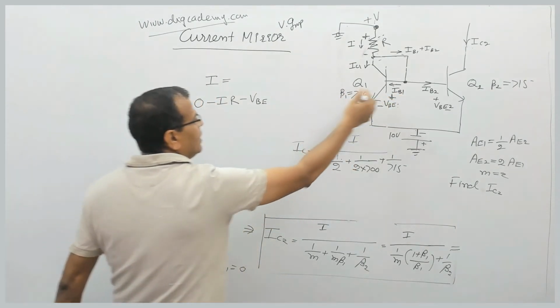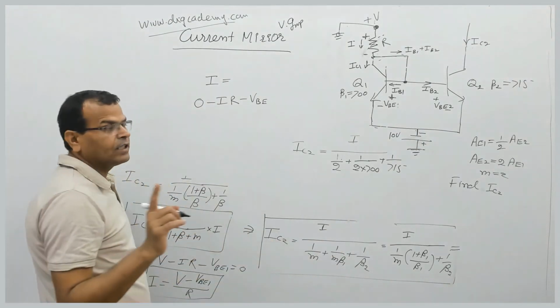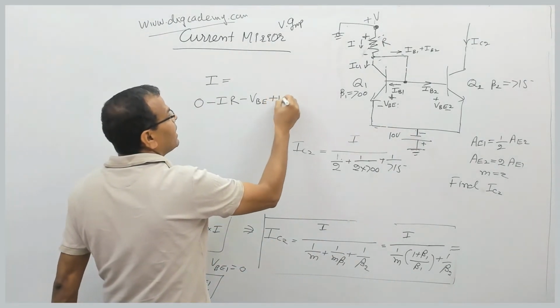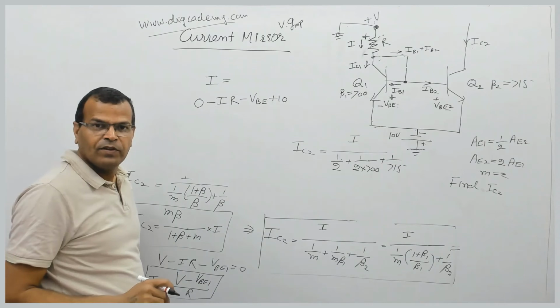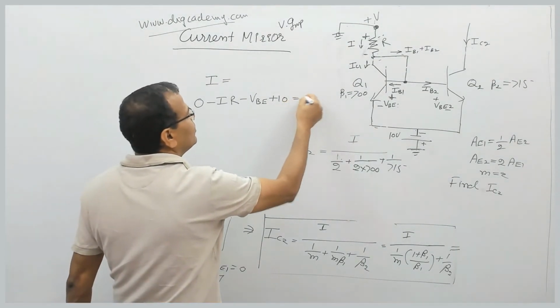Come here, this is minus to plus, a voltage rise, so it has to be plus 10. That is equal to 0.